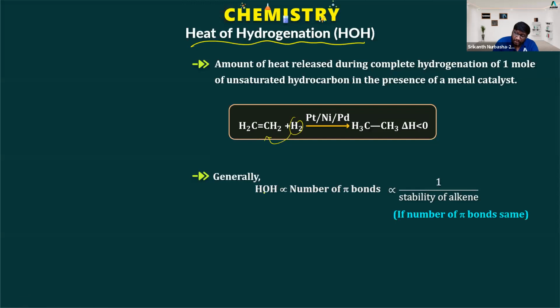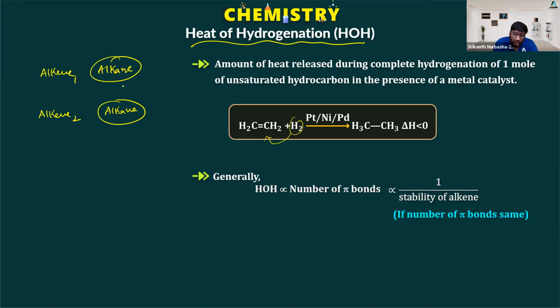So generally, heat of hydrogenation is directly proportional to number of pi bonds, because more number of pi bonds are there, more amount of energy is released. See, compare alkene and alkane stability. Alkanes are more stable. Yes or no? Like I have two types of alkenes, alkene 1, alkene 2, and both the alkenes are generating the same alkane.